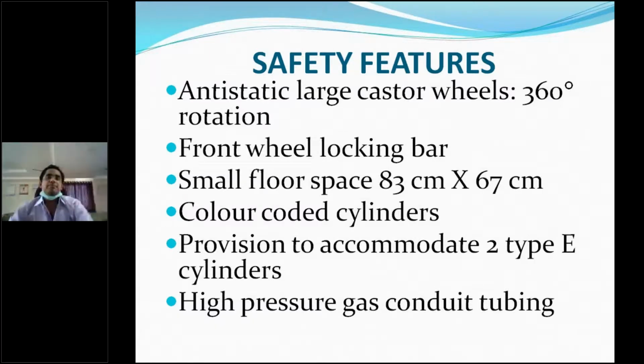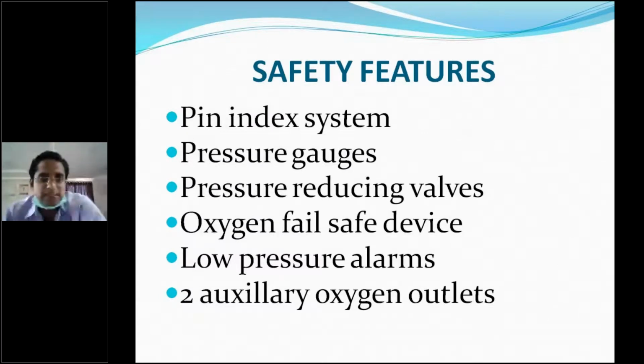This machine has carbon coated wheels in order to prevent passage of static electricity, and these wheels can move in 360 degrees rotation, a wheel locking bar, and color coded cylinders, and two E-type cylinders and high pressure gas tubing. It has Pin-Index safety system, pressure gauges, pressure reducing valves, oxygen fail-safe device, low pressure alarms, and two auxiliary oxygen outlets.